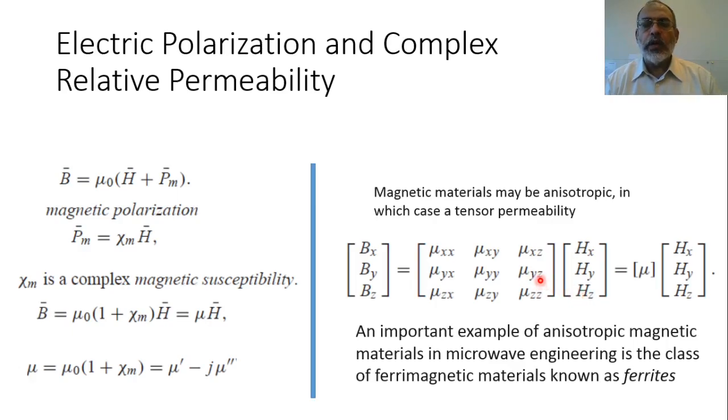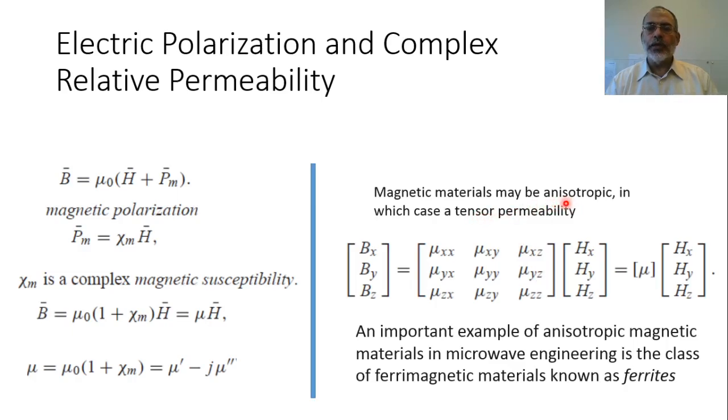In a similar way, we can say that the dielectric material has a tensor relative permittivity. So the permeability or the permittivity can be a tensor quantity for the case of an anisotropic material.